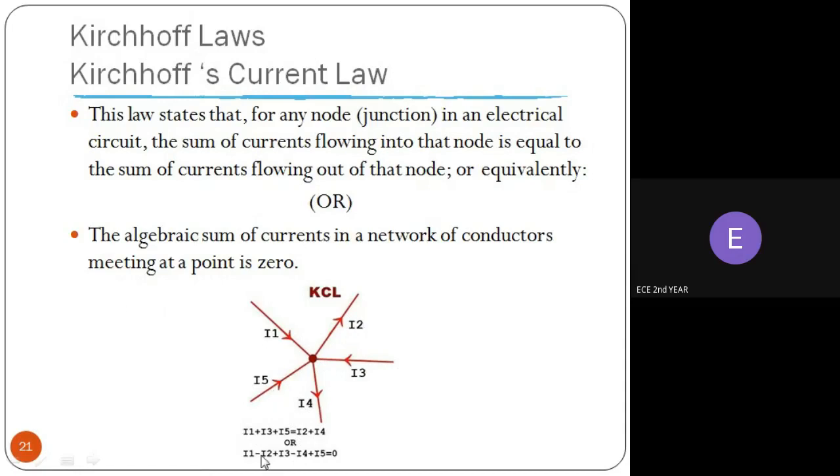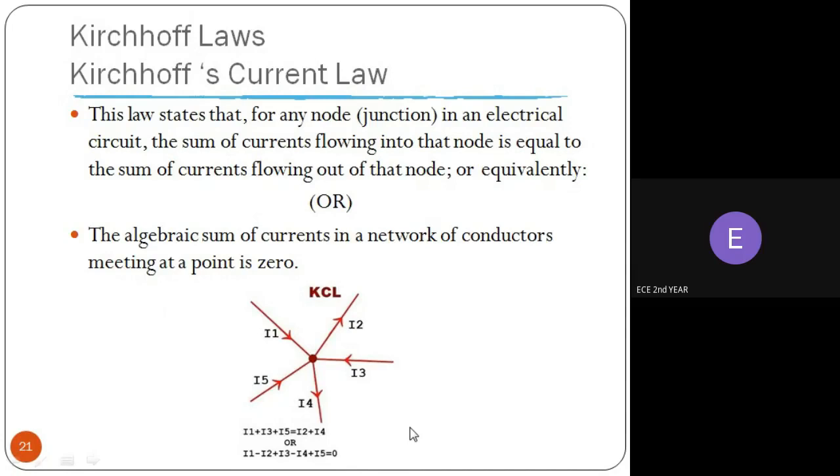So the equation can be written as I1 plus I3 plus I5, the currents flowing towards the node, is equal to I2 plus I4, the currents flowing away from the node. Or otherwise we can write I1 minus I2 plus I3 minus I4 plus I5 is equal to 0.